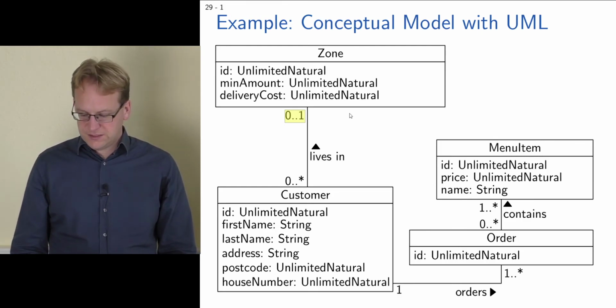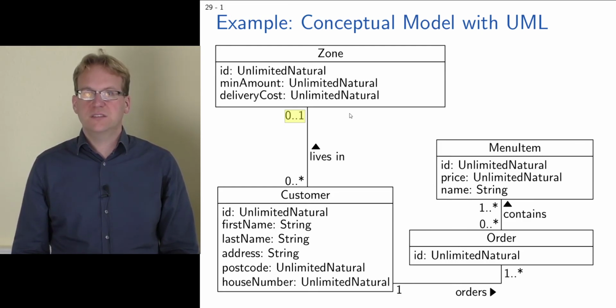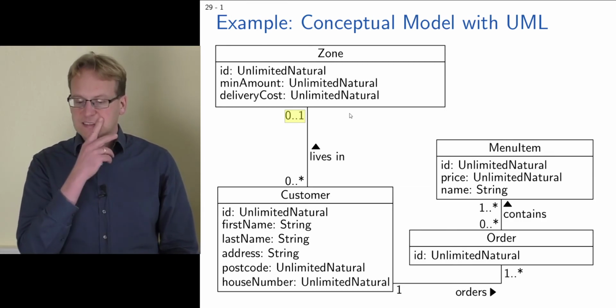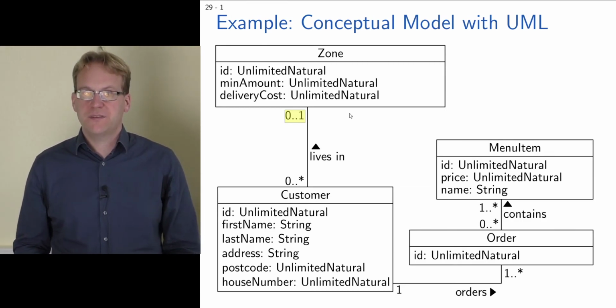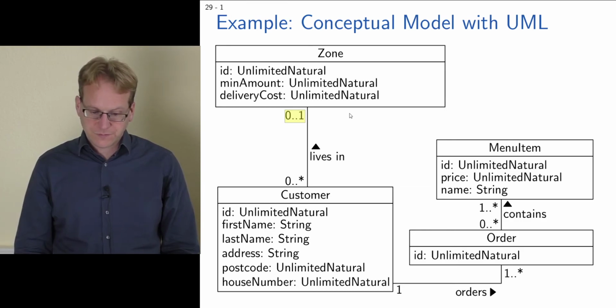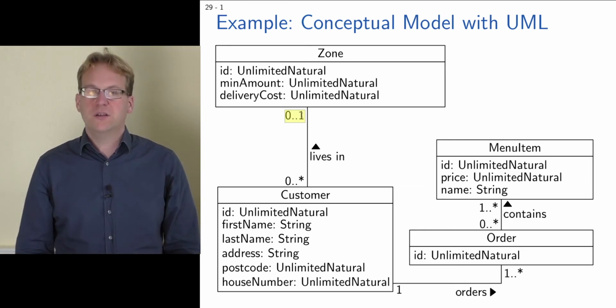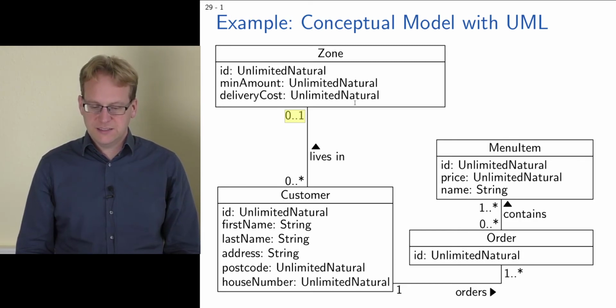That is because we only have these 3 zones defined, 1, 2, and 3, and maybe some customer lives outside of these zones. Nevertheless, because he made a big order, he was still served by our company, therefore he is still a customer, but not living in any of these 3 zones. So every customer lives in 0 or 1 zone. That is how to read this.